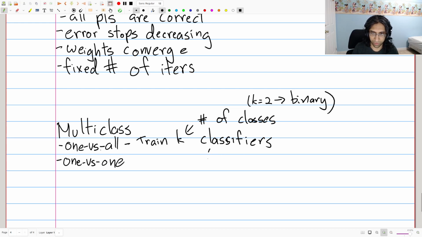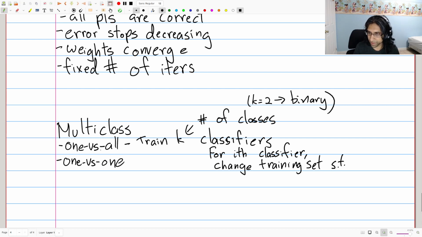So for the ith classifier, we change the training data set. I'll just say this in words rather than trying to write it down.